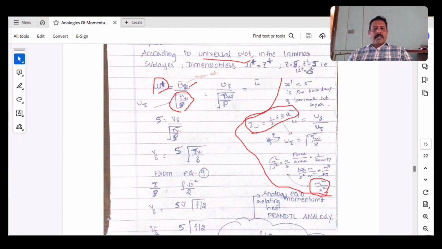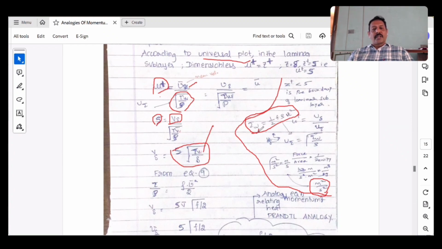According to that theory, you can take the value of the boundary layer thickness as 5. So that is why we set the value of u plus as 5, and we are trying to eliminate v delta. We are trying to write v delta in terms of known quantities. 5 into root of tau w by rho comes, and tau w you write in terms of f.